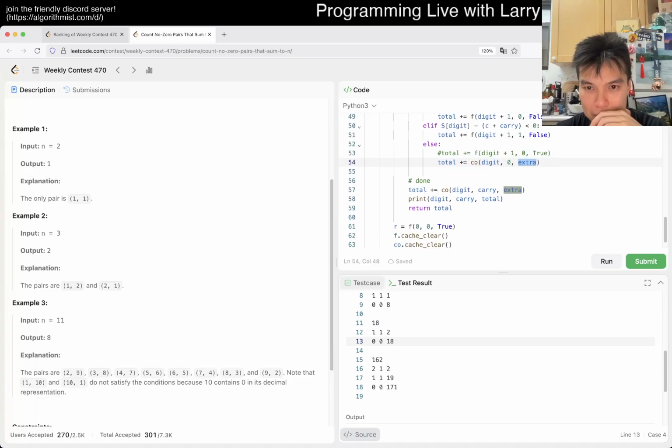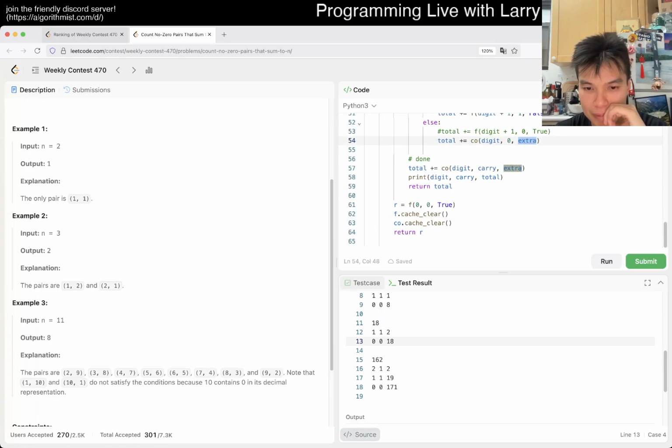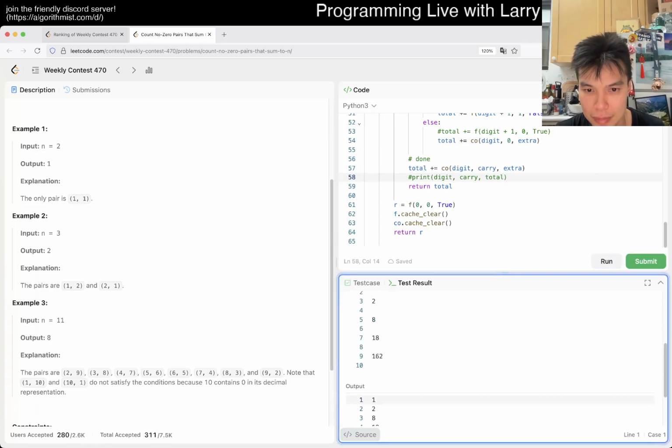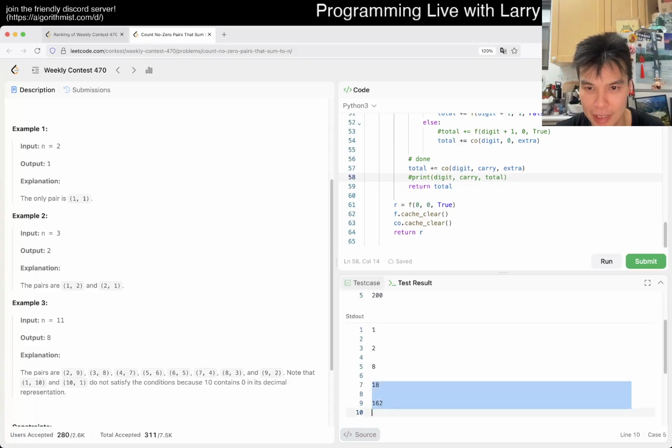But wait, this matches, right? What was I doing wrong? Oh no, this is the right answer, that's why.